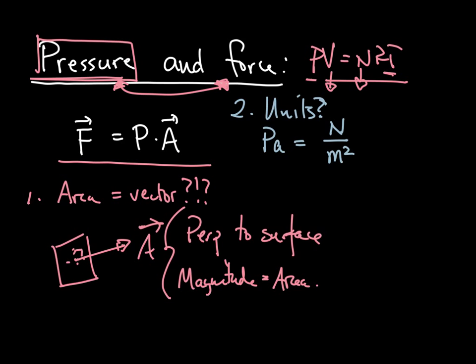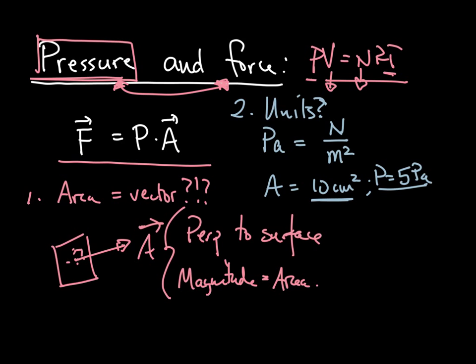So if I have an area of 10 centimeters squared, I'm going to need to do some conversion if I'm given a pressure of 5 pascals. We're going to need to do a conversion before I multiply so I get this area in terms of something reasonable. Oh, and 5 pascals is a tiny pressure.